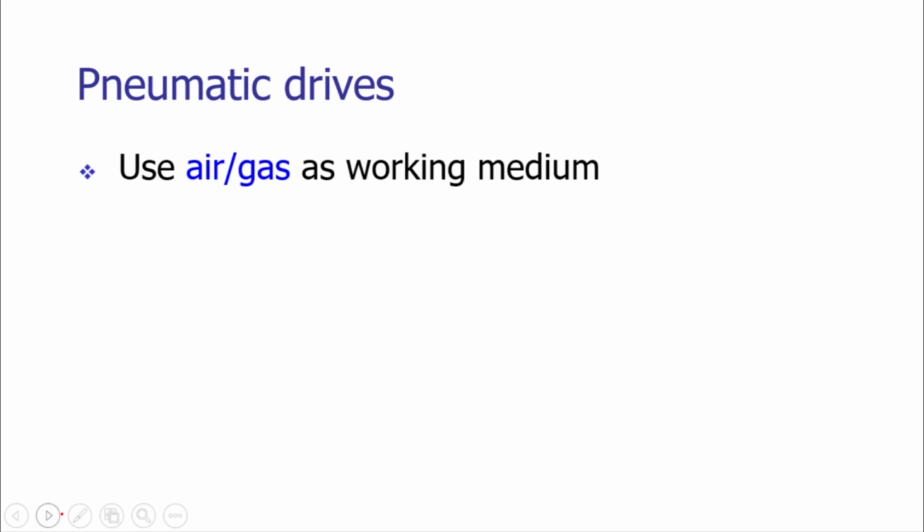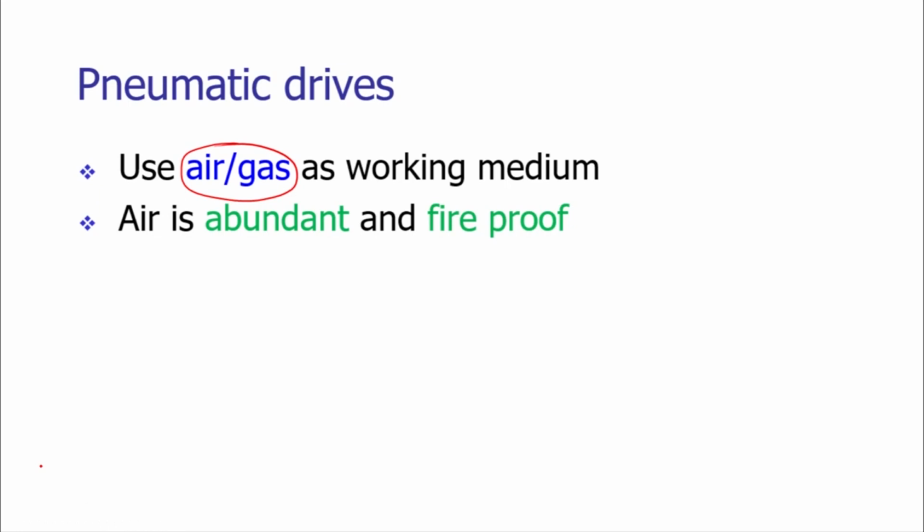In pneumatic drives, we are using pressurized air or gas as the working medium. And by applying the pressurized air or gas, we are carrying out the required operation, maybe the motion or maybe application of certain force. The advantage of pneumatic drive is that the air is abundantly available and the air is fireproof.